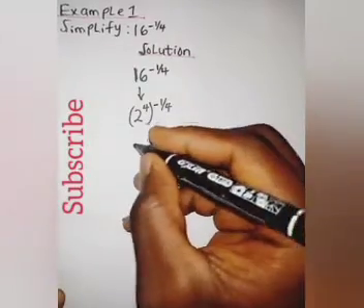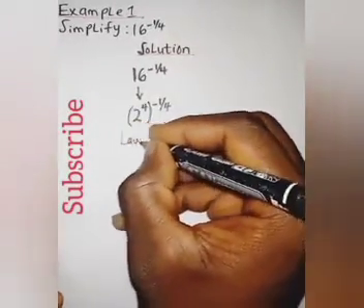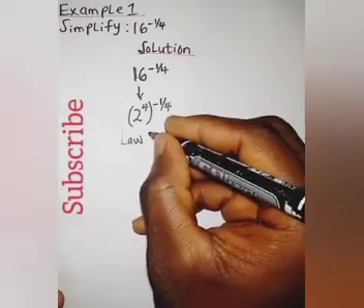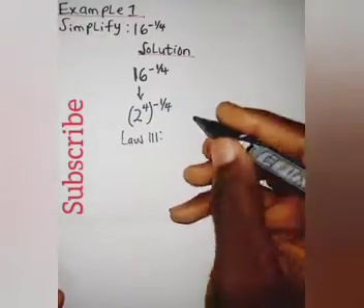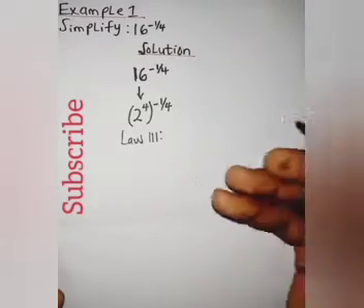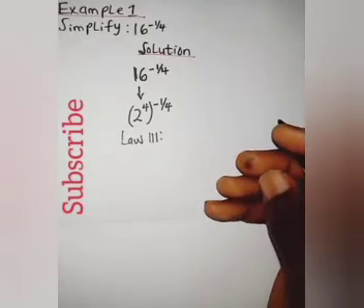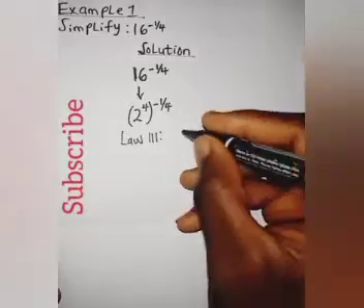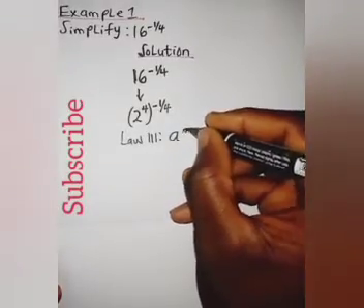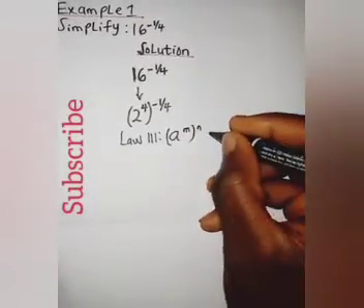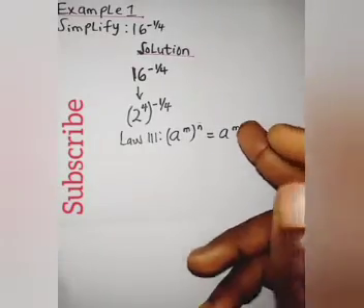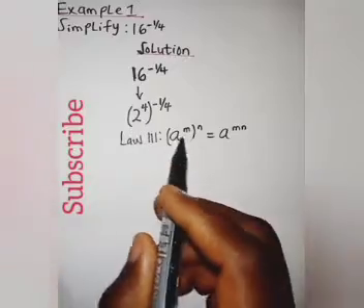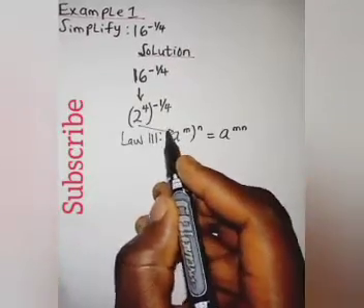So there was a particular law I gave. That should be law 3. I gave a law in the previous video, and as I said, because we're making use of the laws, it's best you are familiar with them. So law 3 says any number to the power of m, raised to the power of n, means this number is raised to the power of mn. If you check well, they look alike.